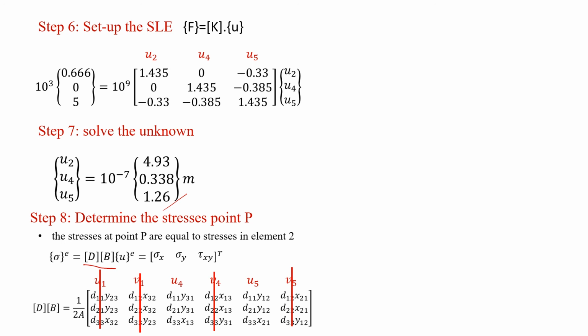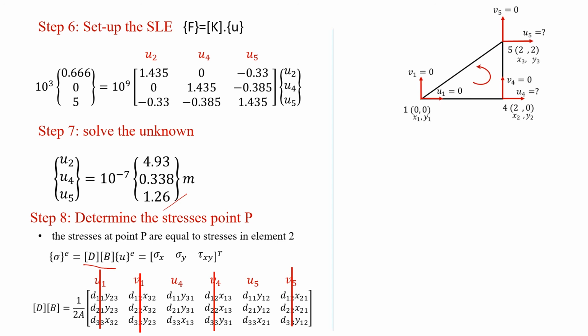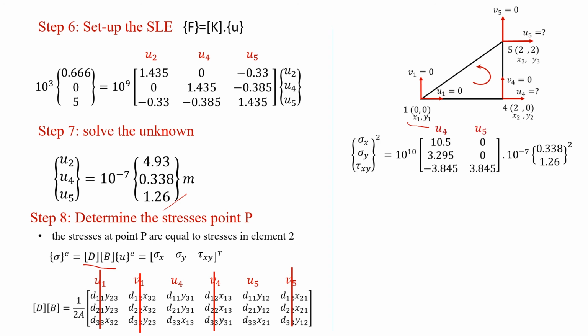So we can eliminate those 4 columns and only consider these 2 columns for U5 and U4 in our next calculations. So by referring to this element connectivity for element 2, we can refer to the values for X1, Y1, X2, Y2 and so on for our next calculation that is needed in order to solve for the product DB.